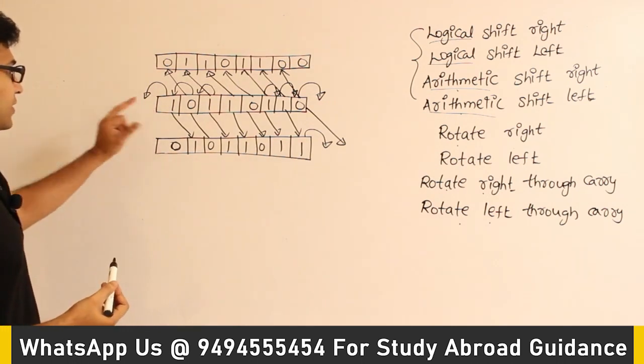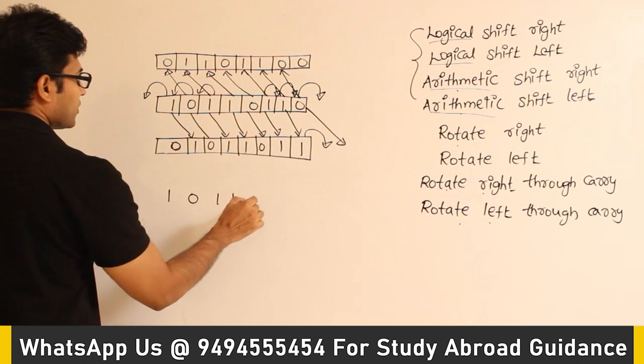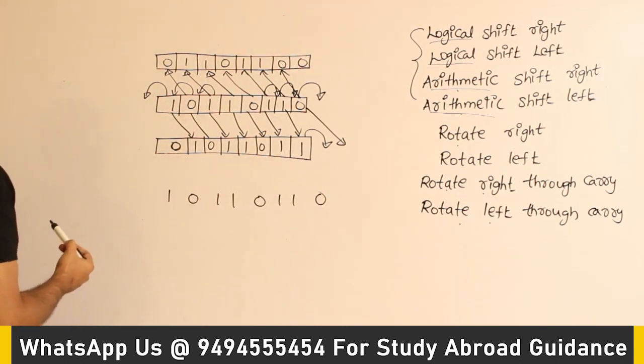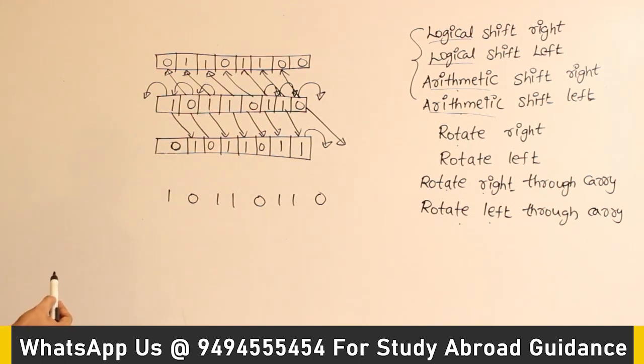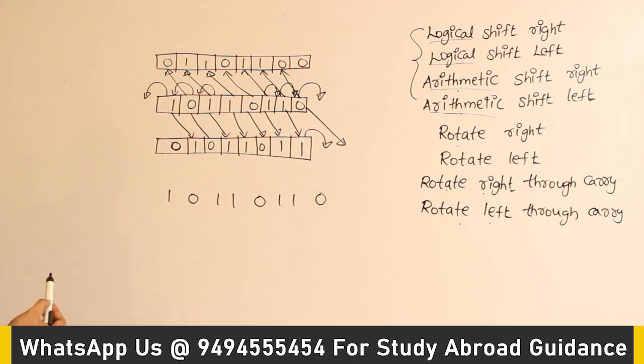So now let's take the same number, 1 0 1 1 0 1 1 0. This is some number. What I mean by arithmetic is that we have to consider the number as a 2's complement number, and we have to preserve the sign when we are shifting right.